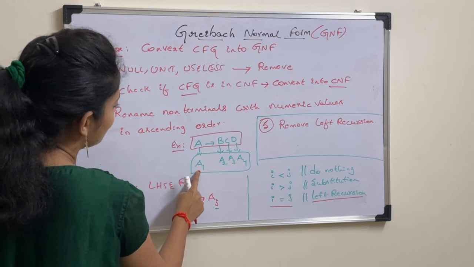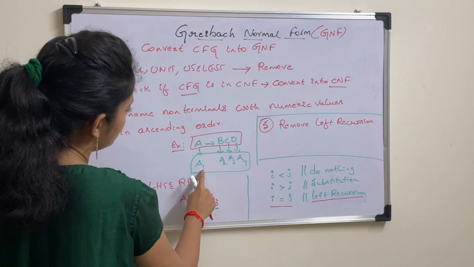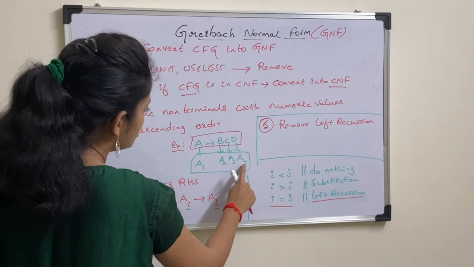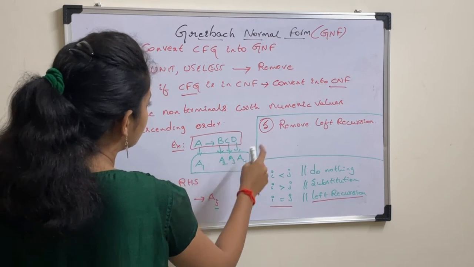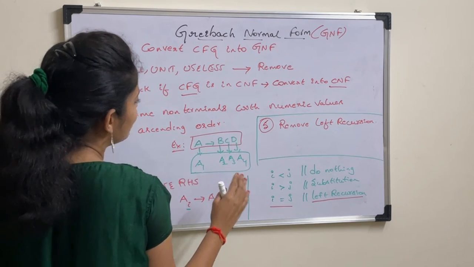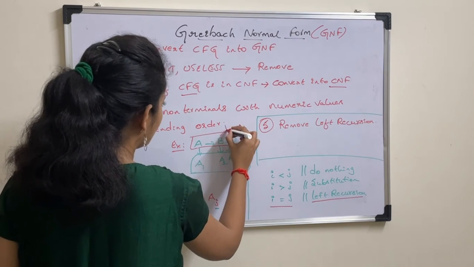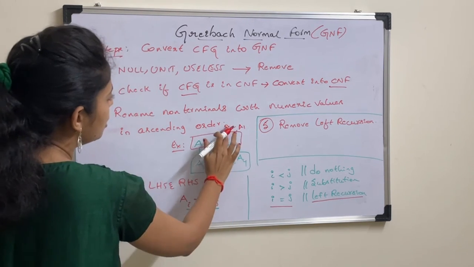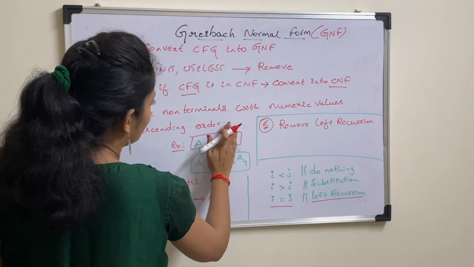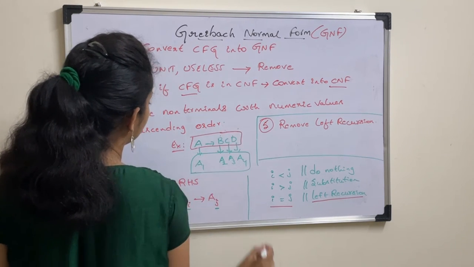After renaming, you must rename them in ascending order only, starting with 1, 2, 3, 4 like that. You can't give numeric values to non-terminals in a random way, like A1 for D or A2 for B. Random allocation should not be done here.